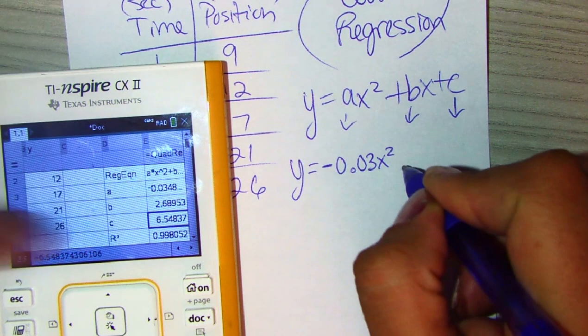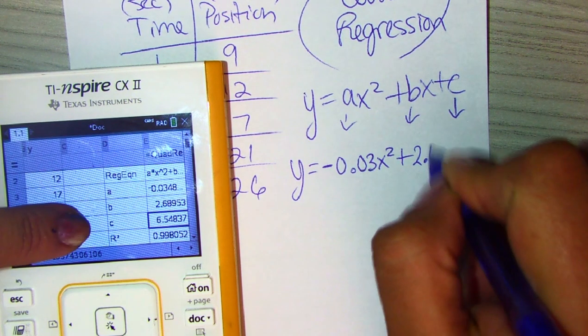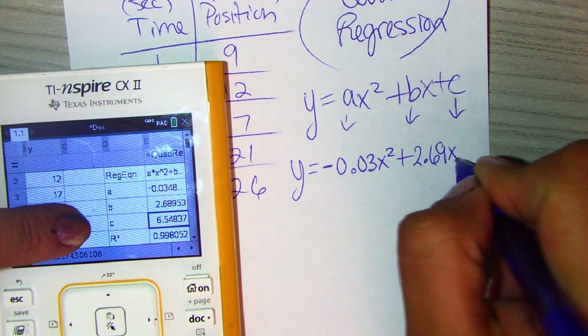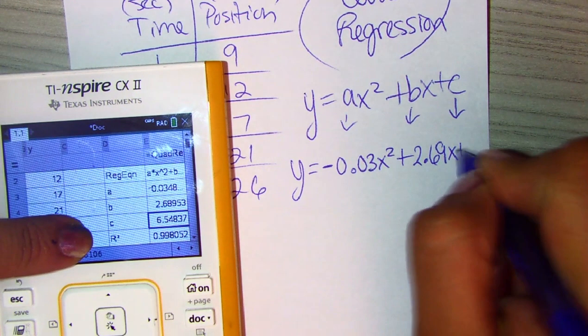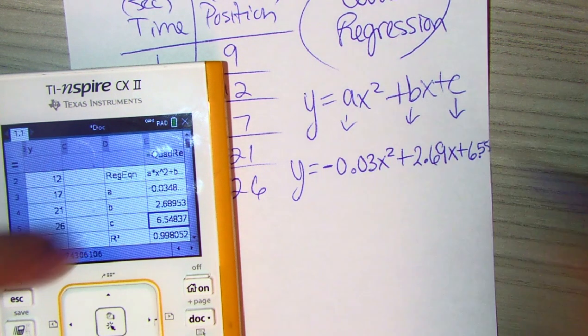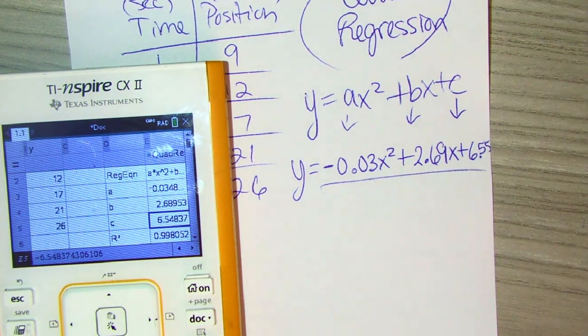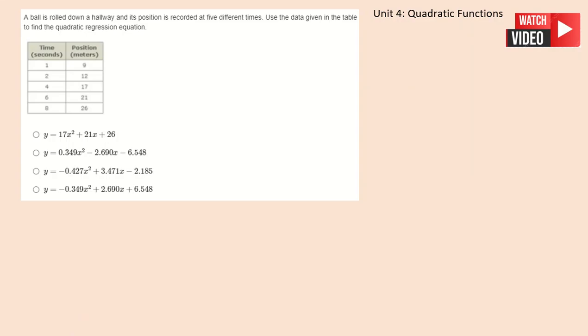B value, we're going to look at it as 2.69 x, and then C value will be like 6.55. So this should be the equation for this graph, and all you have to do is go to your answer choices and see which one matches.